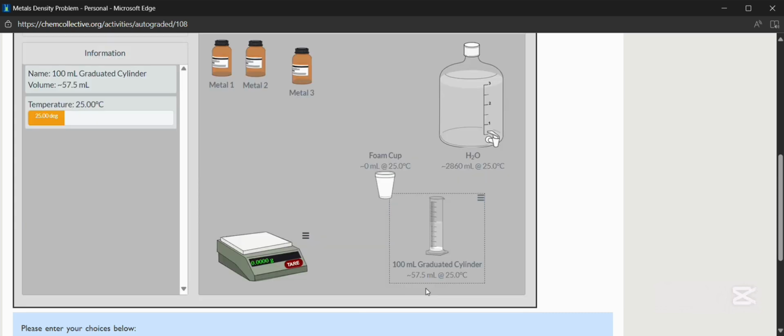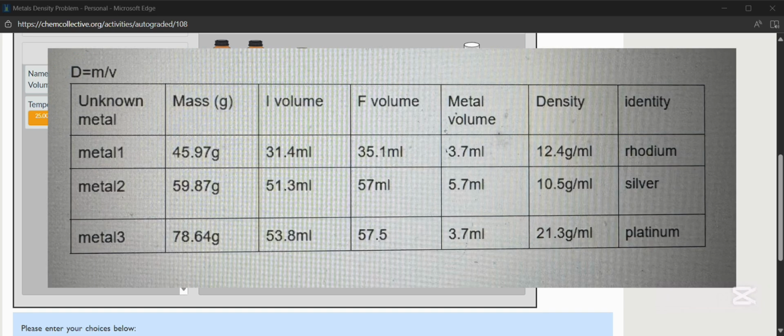So our final volume is 57.5 milliliters. So now with this information, we could go to our table and we're going to write 78.64 grams, initial volume 53.8 milliliters, and for our final 57.5.